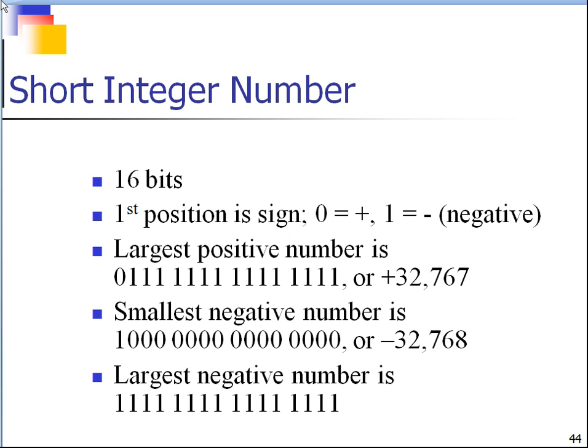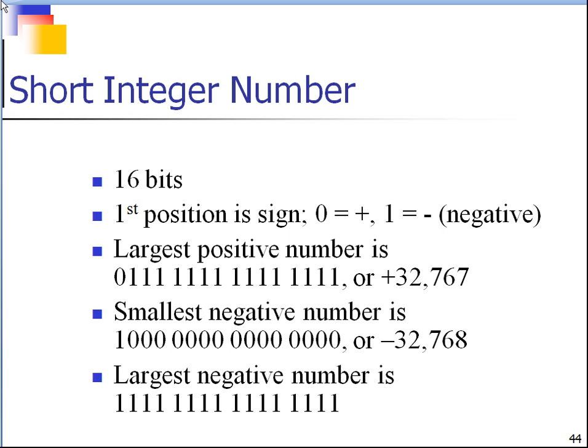The largest positive number, I hope this is fairly obvious, has the 0 in the leftmost position and a whole bunch of 1s, and that is the equivalent of 32,767. It's worth memorizing that number.